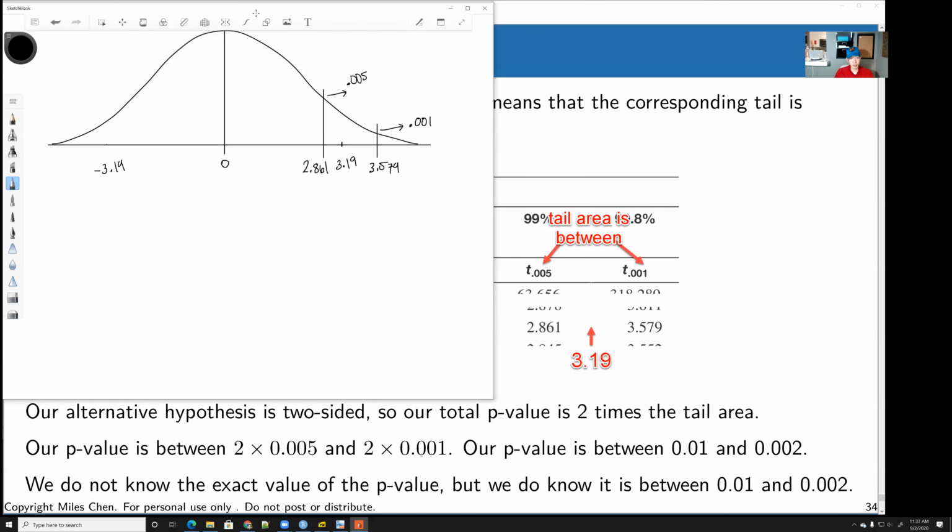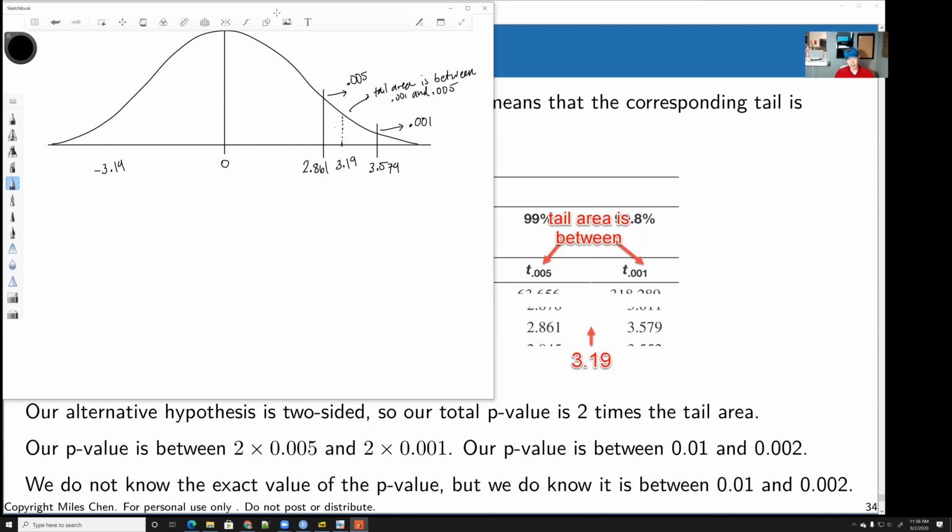And so here I am at 3.19, and I don't know exactly how much I have in the tail. I do know that my tail area is going to be more than 0.001 and less than 0.005.